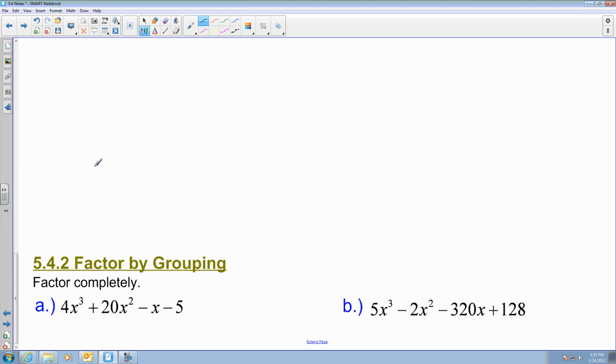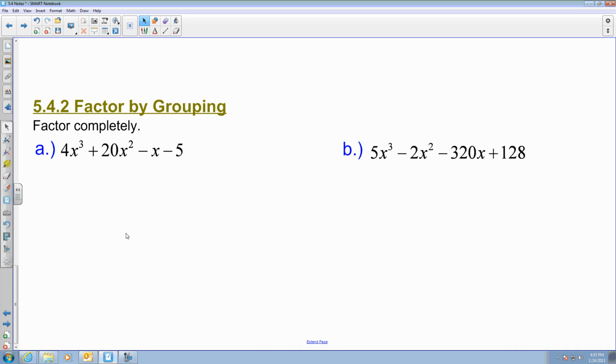And that would be my completely factored polynomial. One of the other things that you can do when factoring polynomials is what is called factor by grouping. Here's how you do it: you use your own parentheses, so I'm going to put parentheses here, here, and here.